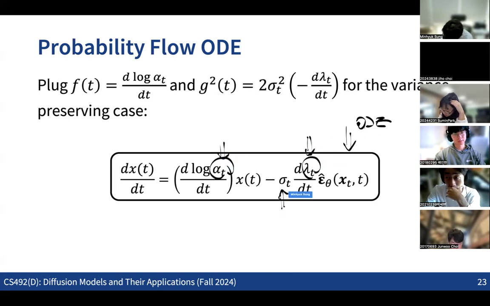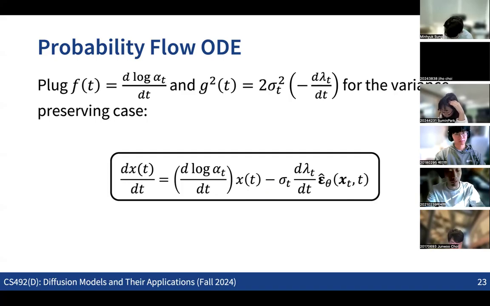These are the given parameters, and these are the outputs from the noise prediction network. So if we can find a function x_t that satisfies this equation, that is the desired output, mapping x_T into x_0.